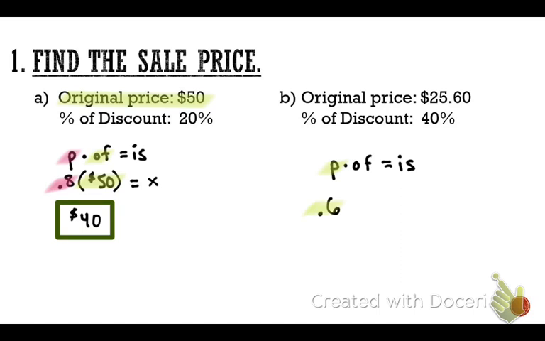Jocelyn, what does the of stand for? $25.60 because that is the original price, and our of is always going to be the original price. Remember, the is now going to give us what the sale price is. We don't know what it is yet, so we'll just put X. Jace, when you multiply those together, what do you find the sale price for this new jacket is going to be?